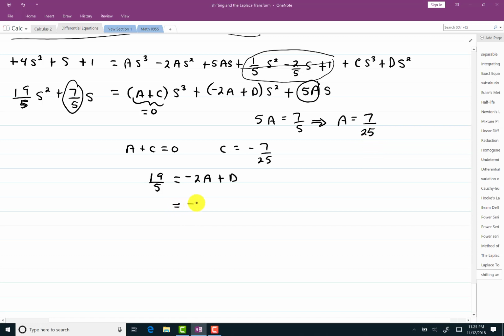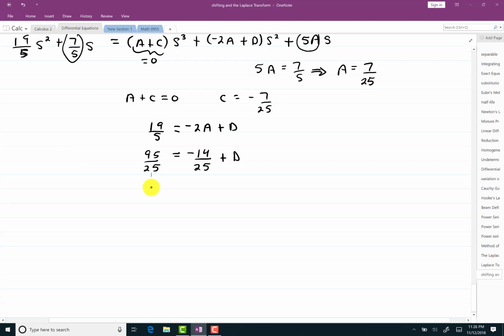So I have negative 14 over 25 plus d. I'm going to make this over 25, so this is 95 over 25. And I'll go ahead and add 14 over 25. And I'll get 109 over 25 equals d.